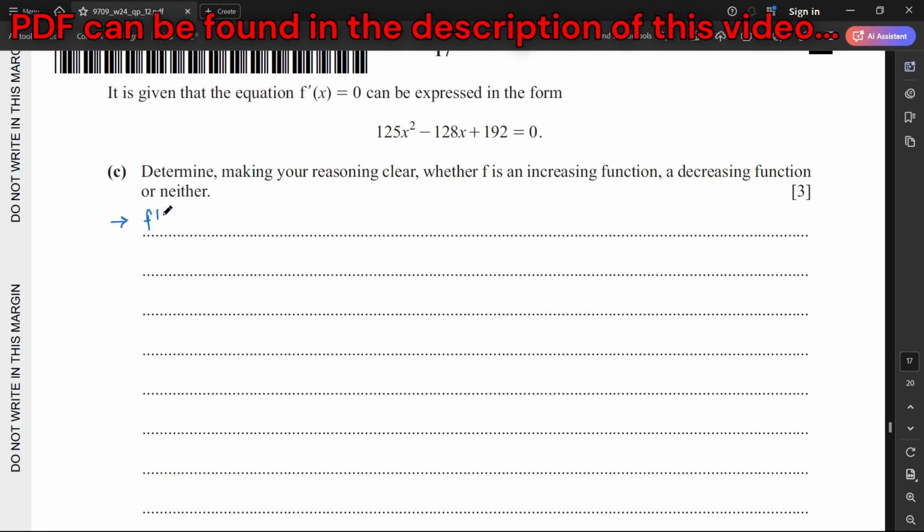So I can say that my f dash x is equal to, I'll take 125 as a common factor, and then x squared minus 128 over 125 x. I'll keep 192 outside of this, and then this is going to become 125 times (x minus 128 by 2, which is going to be 64 by 125) squared.